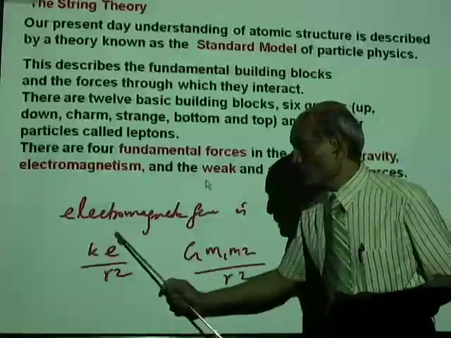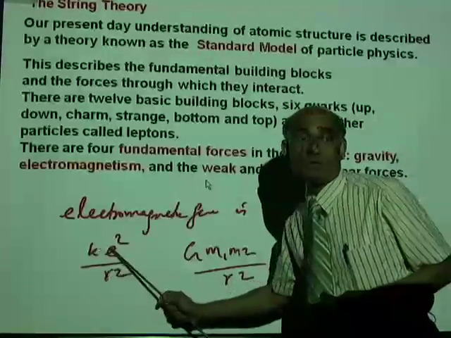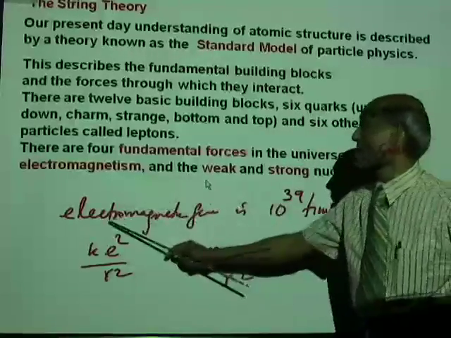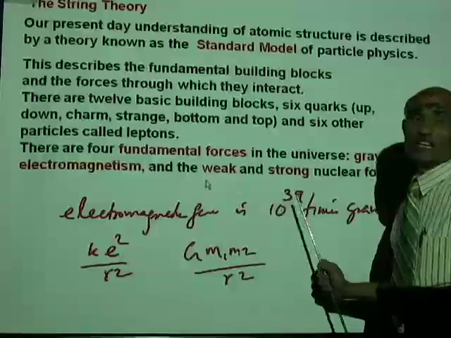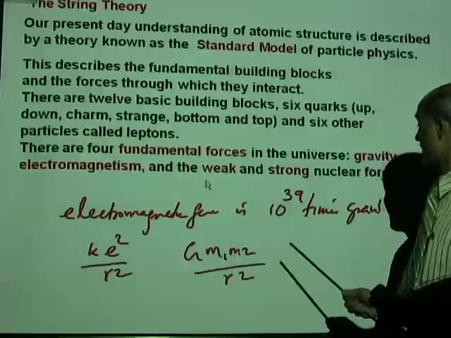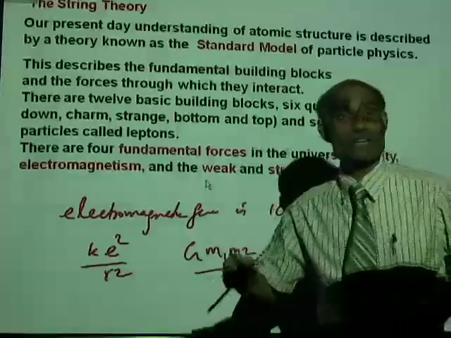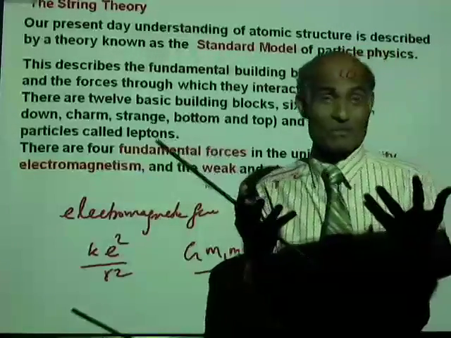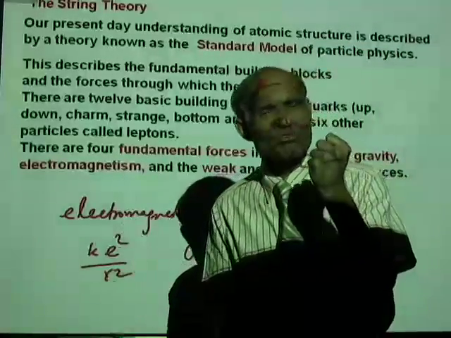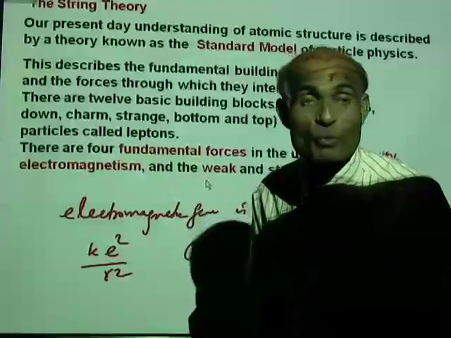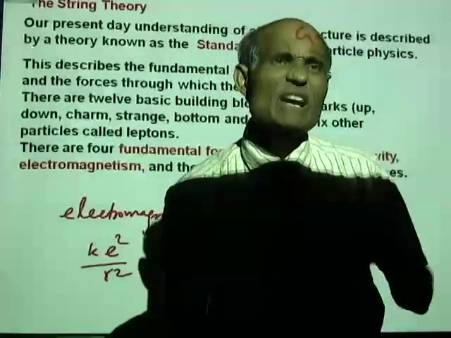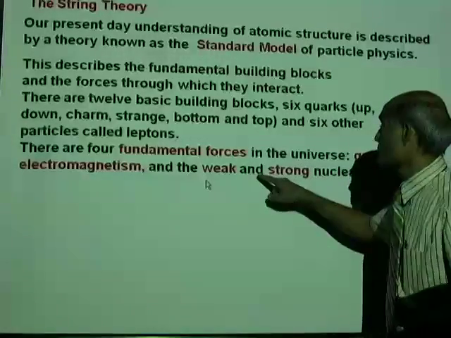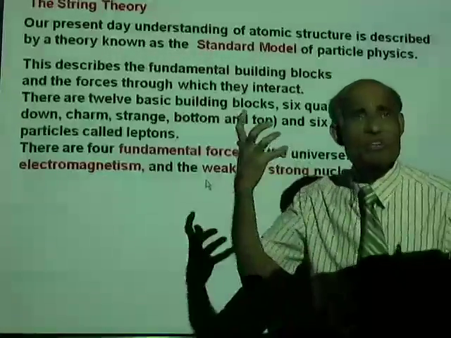Now, if you use the known values of these and calculate these forces, you will see that the electromagnetic force is 10 to the power of 39 times as great as the gravitational force. So compared to electromagnetic force, the gravitational force is very, very weak. So you must have a fair idea of how these forces stand. At the same time, the strong forces are very strong.